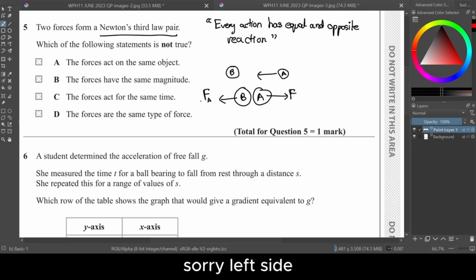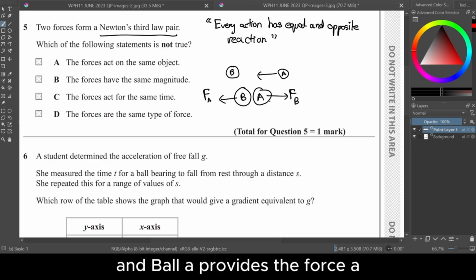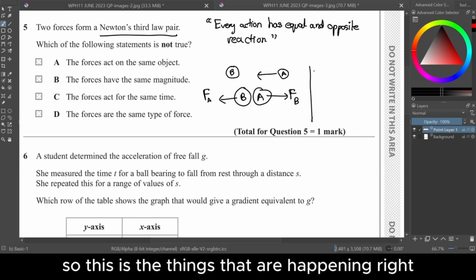Force A is on the left side and force B is on the right side, okay? This is the force provided from ball B to ball A, and ball A provides force A from ball A to ball B. I hope you get it. So these are the things that are happening.